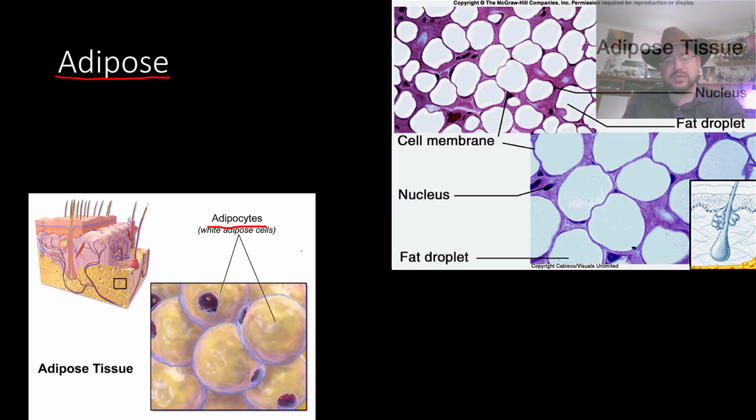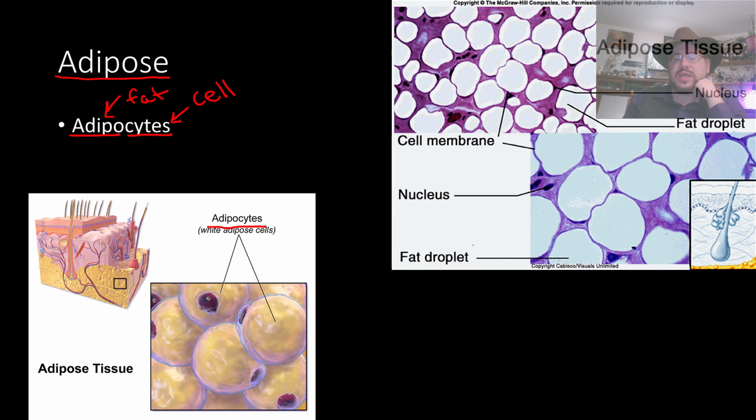So, adipose, this is basically a fat cell. So if you see adipo or adipose, we're talking about fats. So an adipocyte is a fat cell. Your fat tissue is loose connective tissue with lots of adipocytes embedded in it.